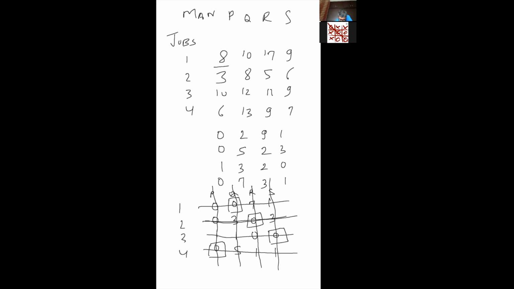Person 1 gets job Q in this case, 2 gets R, 3 gets S, and person 4 gets P. Okay. So person 1 gets Q, person 2 gets R, person 3 gets S, person 4 gets P, or vice versa. Job 1 goes to person Q, job 2 goes to person R, job 3 goes to person S, job 4 goes to person P.